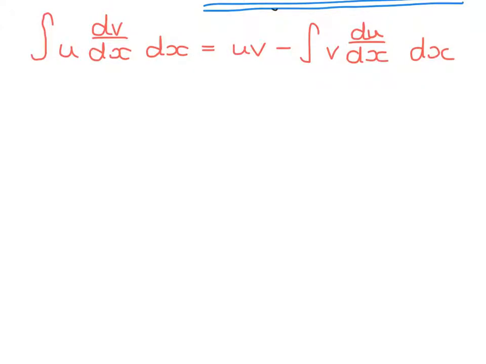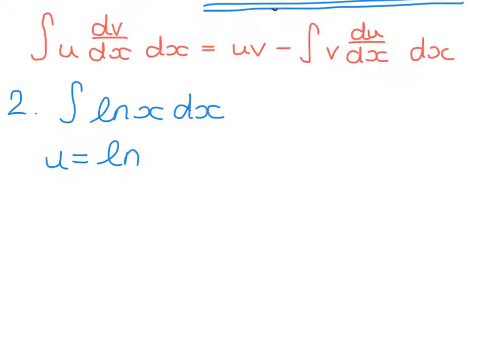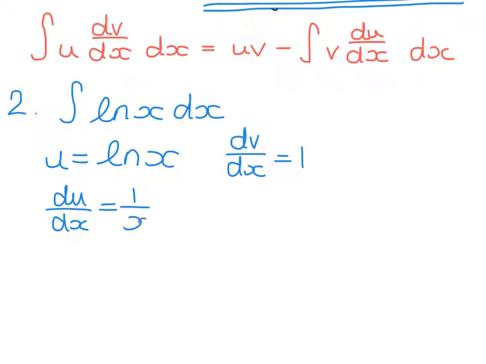Moving on to our second example, we want to integrate ln x. At first glance, this doesn't appear to be a product, but remember that actually ln x times 1 is just ln x. So here I'm setting u equal to ln x and dv by dx equal to 1. So du by dx is 1 over x, and v is x.